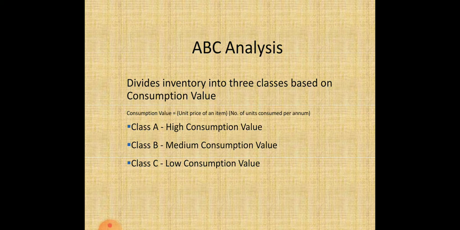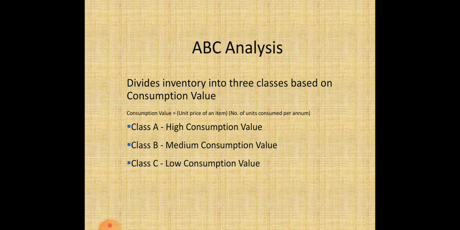Here we classify the goods into three classes, A, B and C. A is basically high consumption value. For example, if I'm talking about machinery, it is of high price and of small quantity.